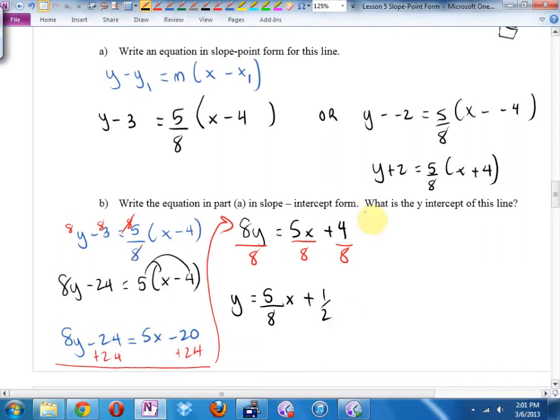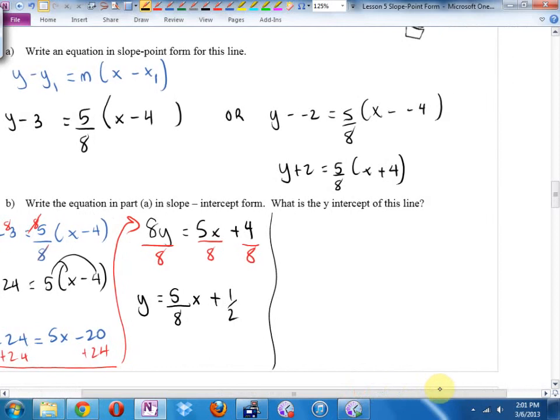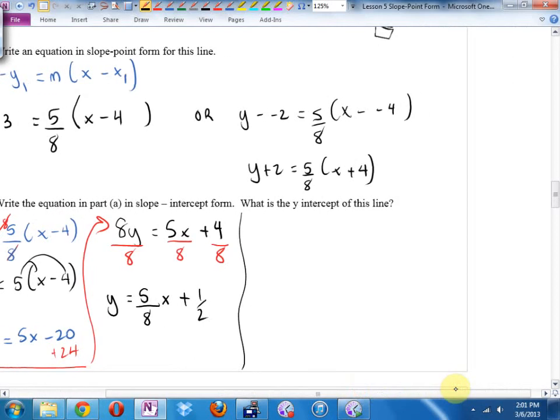Alex, just for giggles, what if I did the same thing with this second version of the line? I would still clear fractions. So I would still say times by 8, times by 8, times by 8. Those 8s would still cancel, Marcus.